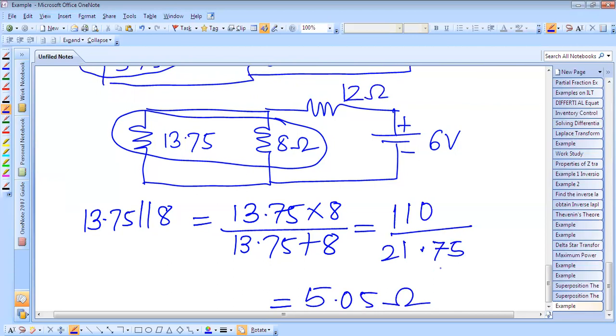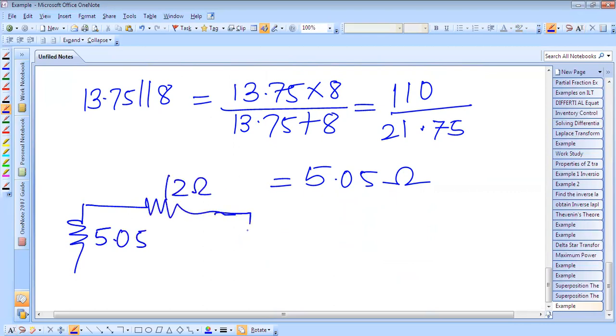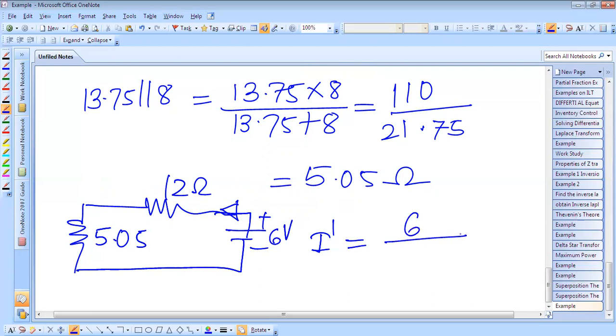And now this 5.05 is again in series with the 10 ohm, and your circuit will become like this. We can find the current flowing through this, I dash, is equal to 6 volt. So 6 upon 5.05 plus 12.